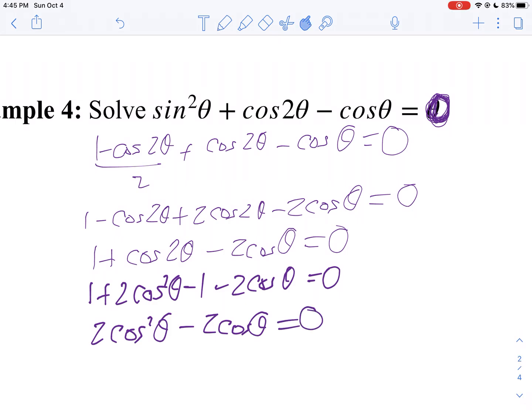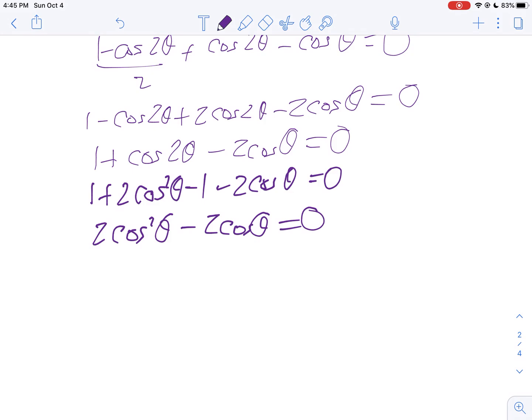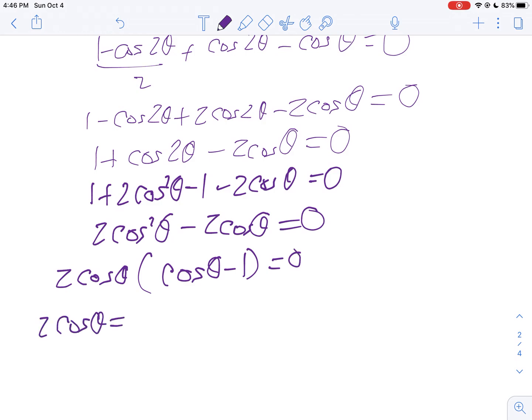Well, we can factor out 2 cosine theta, can't we? So we're going to say 2 cosine theta. Factor that out, and you get cosine theta minus 1 equals 0. So now you got 2 cosine theta equals 0, or cosine theta equals 1.